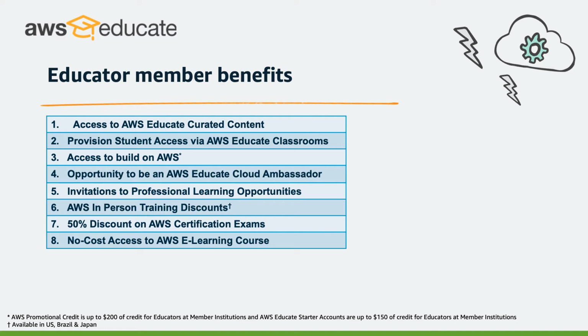As an educator, you can provision student access via AWS Educate Classrooms. We say classrooms here are predefined environments where each student is given a pre-allocated credit to run a number of services on top of AWS. This is at no cost to the educator or to the student.